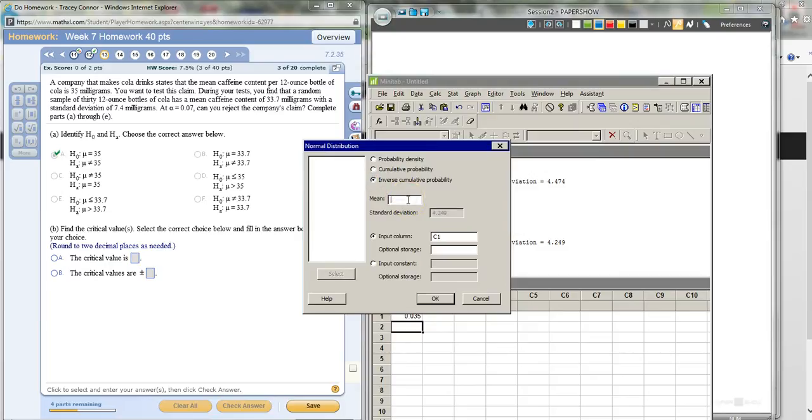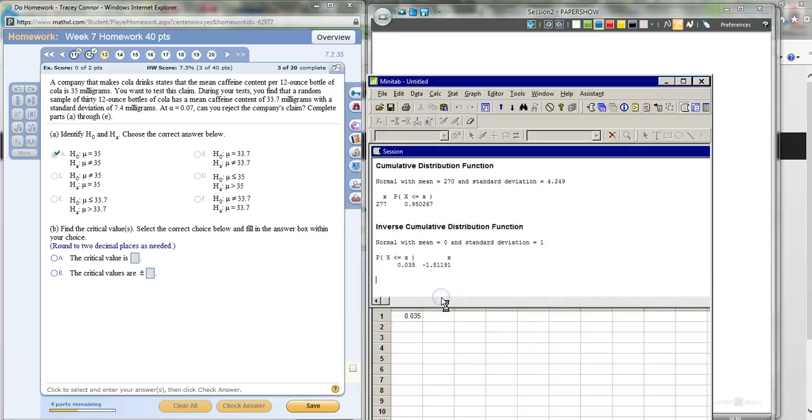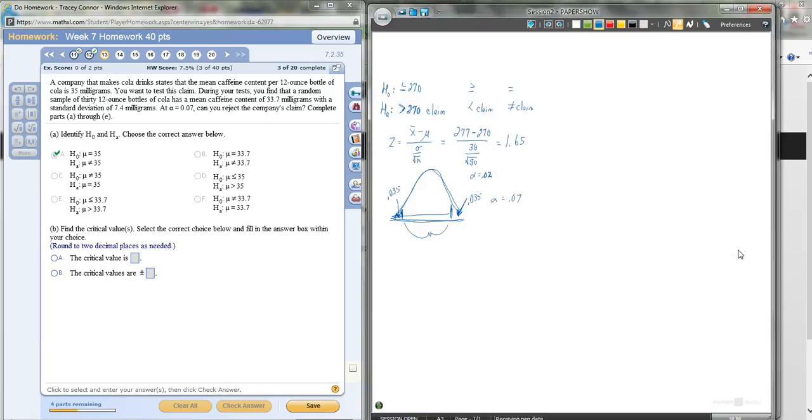We're using z-scores, so we're going to use a mean of 0 and a standard deviation of 1, so our standard normal curve. Then we're going to use, again, our C1 where we put this 0.035, and we hit OK, and it's going to give us our z-score that corresponds to this guy here. So this is negative 1.81.